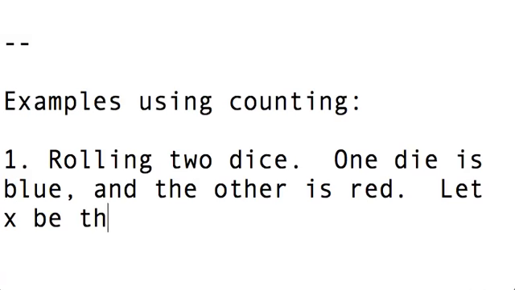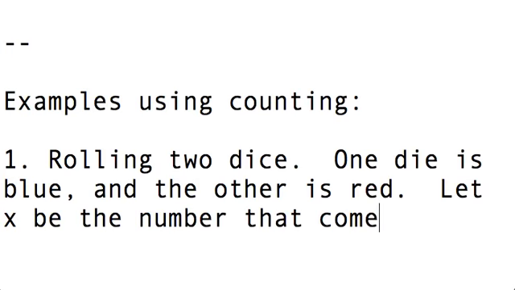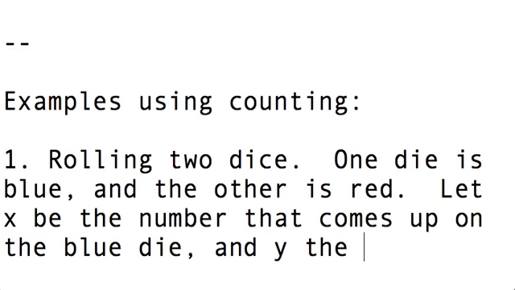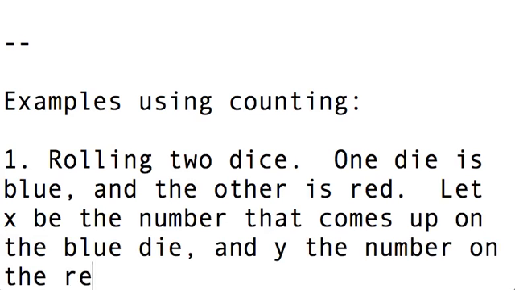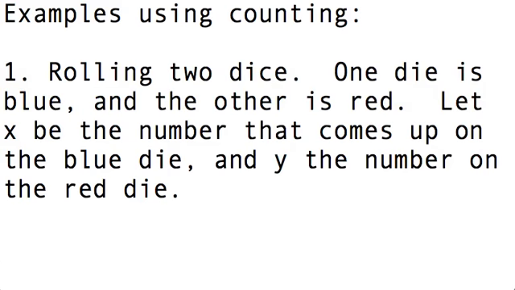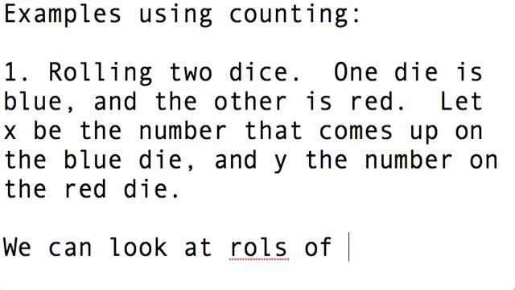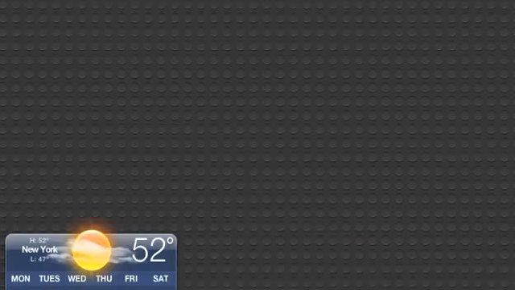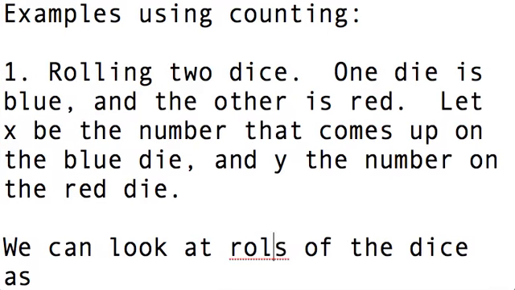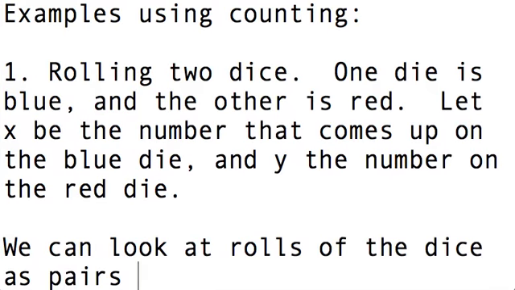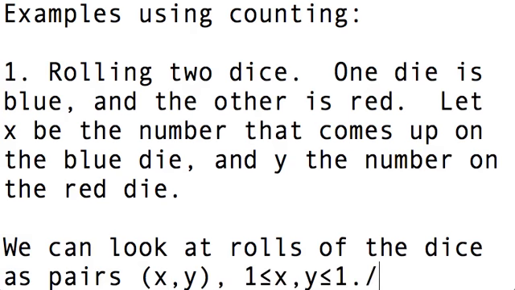Let x be the number that comes up on the blue die and y the number on the red die. So then we can look at rolls of the dice as pairs x, y, where x and y are between 1 and 6.